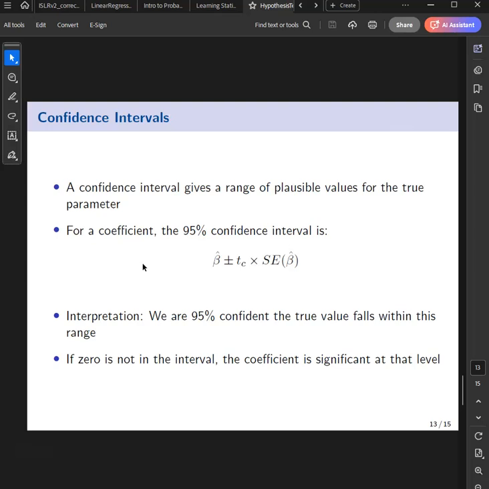The interpretation is this: if we repeat the exercise over and over again and keep estimating the beta hats every single time, then 95% of the times our obtained value will lie within this interval. Confidence intervals connect nicely with hypothesis testing. If 0 is not in the interval, the coefficient is significant at that level. That gives us a visual way to assess the significance.